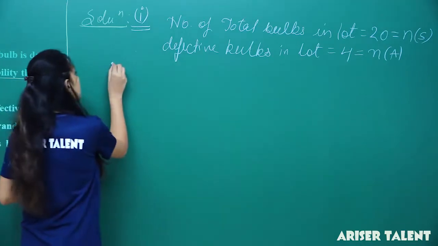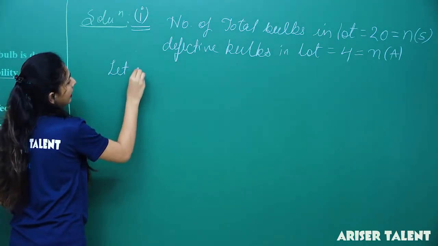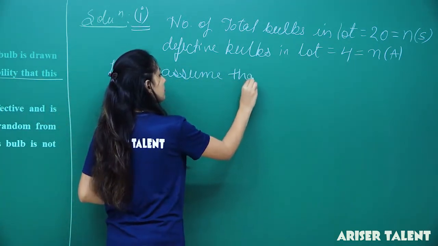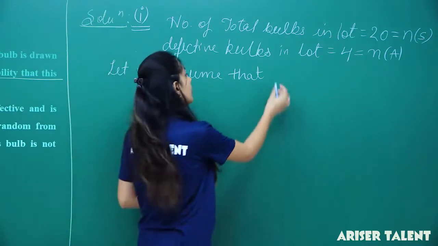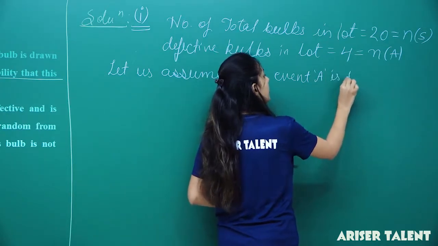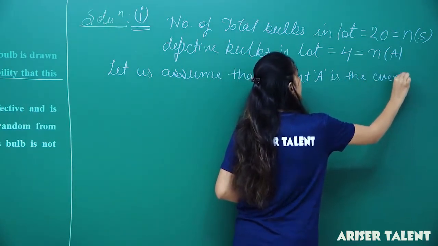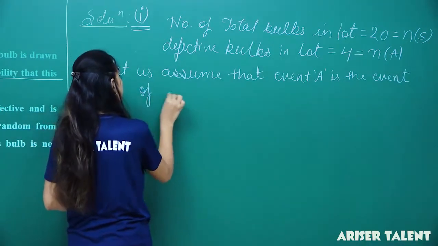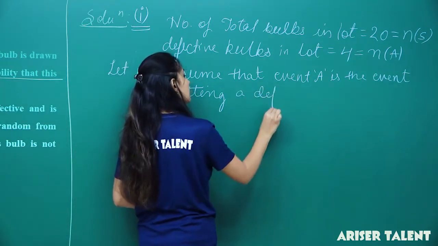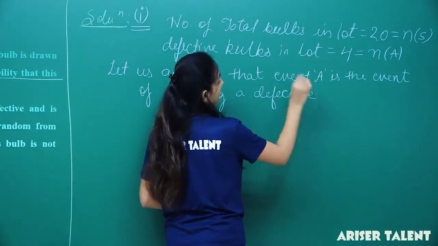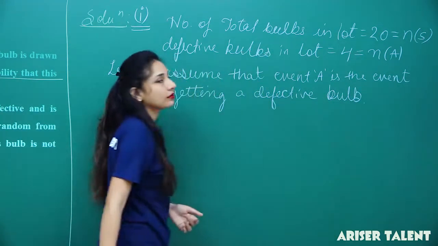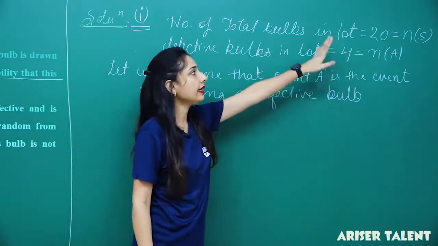Let us assume that event A is the event of getting a defective bulb, right? So this is n(A) and this is n(S).